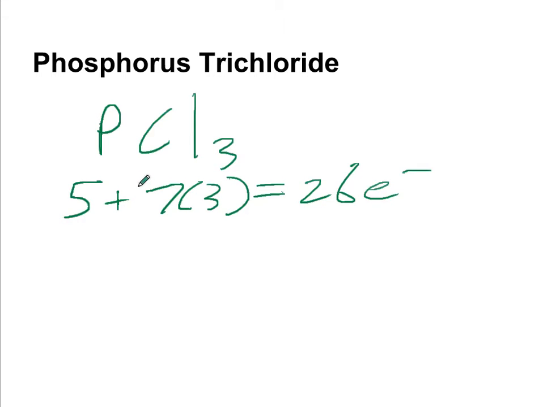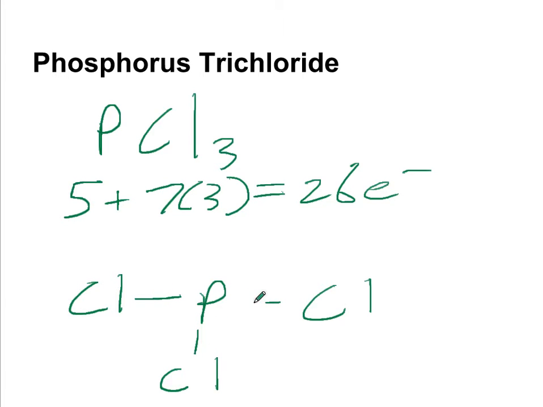Now, phosphorus is going to be our central atom because there's only one of it, and it's going to be surrounded by 3 chlorine atoms. Now we need to connect these atoms together, so we're going to draw a line representing our single bonds, and that takes care of 2, 4, 6 of our electrons.